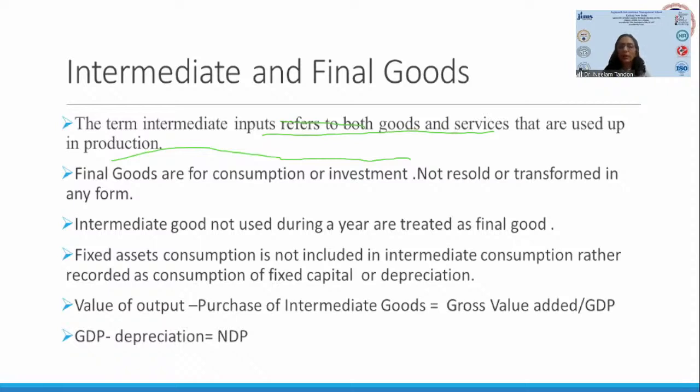Units produced, let's say, is 100 units. So 1,000 into 100 is 100,000. So 100,000 is the value of output. Now, when you calculate value of output, you have to deduct the price of all intermediate goods which are used in the production process. That gives you GDP of the country.